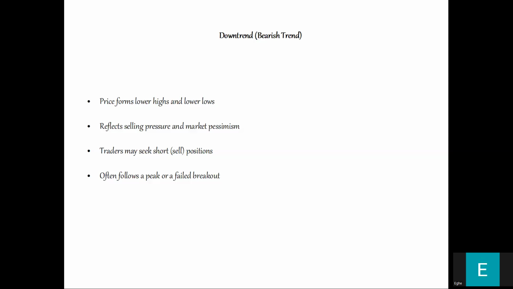Then swing traders leave their trade to run a day, 2 days, a week, before they close their position. Then position traders allow their trade to run for months. Then investors, their trade can run from months, 6 months, 7 months to a year. So I hope that is clear.